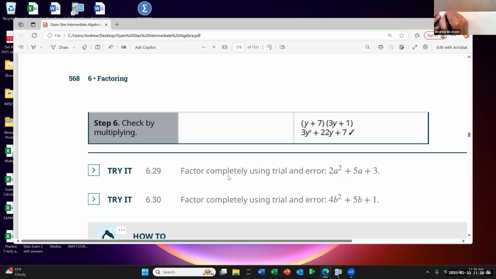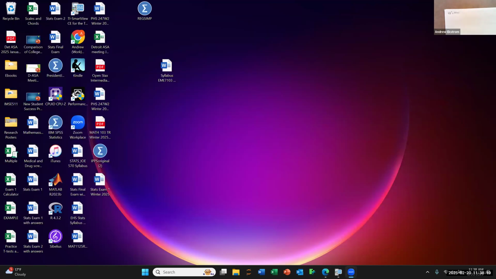So 4b squared plus 5b plus 1. In something like this, one of the things that can happen is we can have a 4b plus something here, then b plus another thing over here.